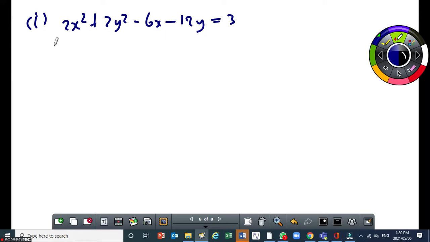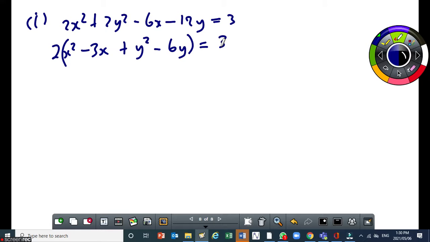So I'm going to start by saying this is 2x. Fortunately, I'm sure you can see that we have got a common factor on the left hand side, which is a 2. So I can factor out that 2 and write it as 2x squared. And I'll bring this minus 6 here, but because I factored out 2, it becomes minus 3x. Then plus y squared minus 6y equal to 3.